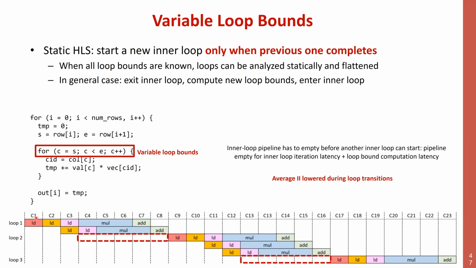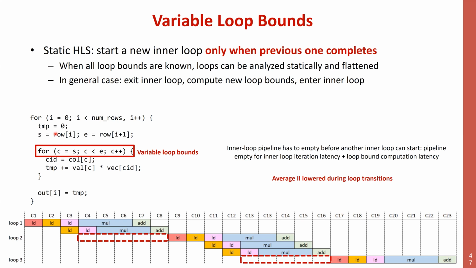So what happens when I execute this kind of code? We have been looking so far only at the inner loop, right? We have been focusing on this one only, and I do it, but I have typically no way to overlap with the next one. I arrive here, I don't know how long this will be, so I need to finish it completely before I can start a new outer iteration.